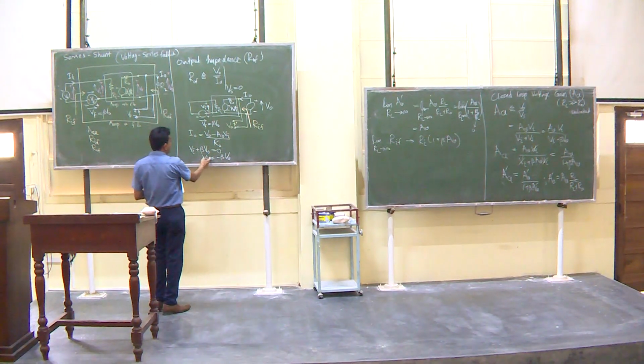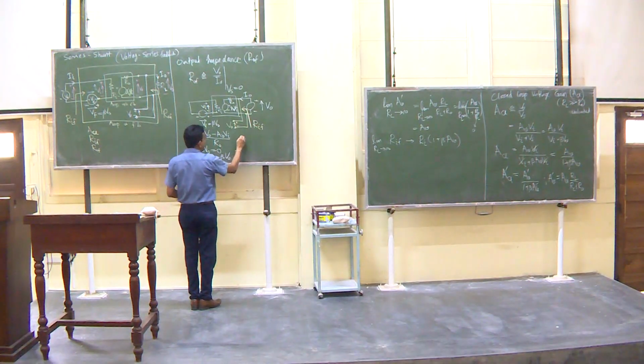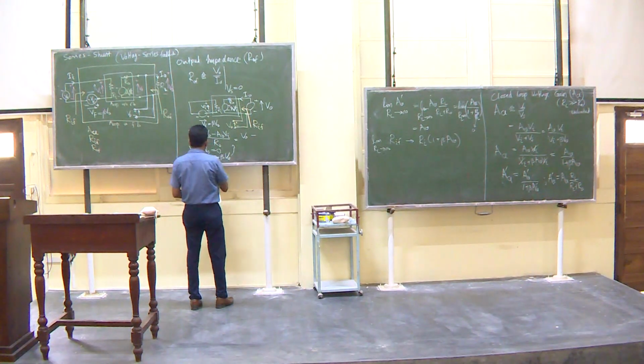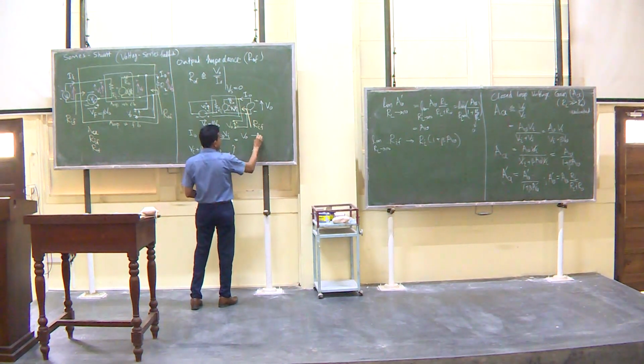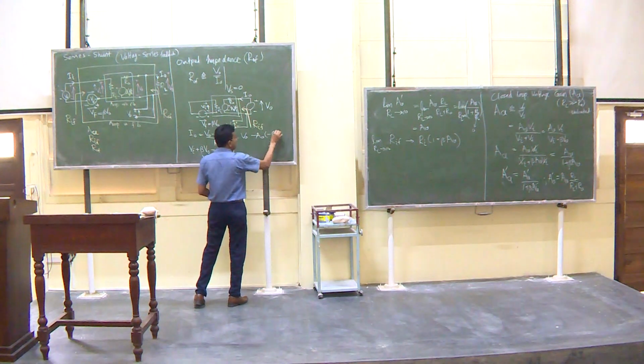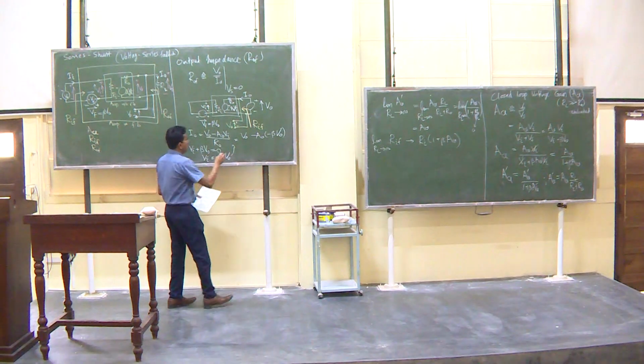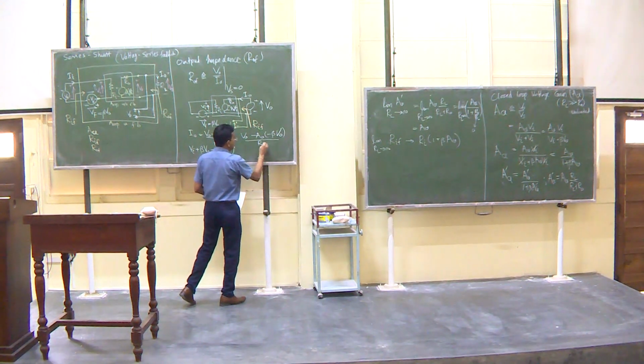So therefore, I can replace this Vi with this expression. I am going to apply it here. That is equal to V out minus AV times minus beta V out, divided by R naught.